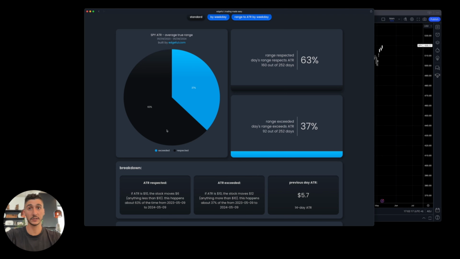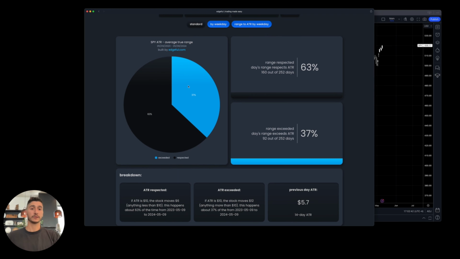Anything less than this falls into this category here, the respected category. The opposite side of that is this blue area, which only happens 37% of the time. That means price moved from the high to low today $6 or $7 or $6.50 or $8 or $20. It doesn't matter. Anything greater than this $5.70 happens 37% of the time.